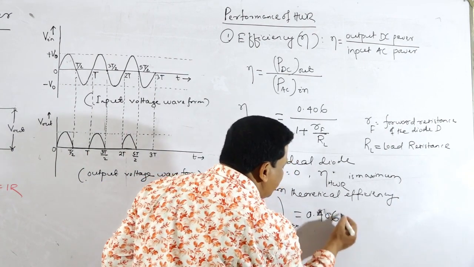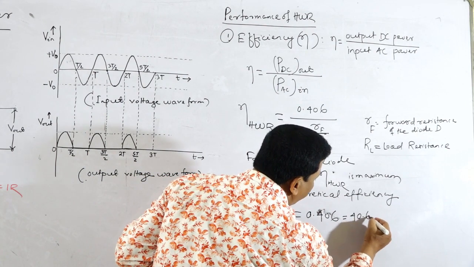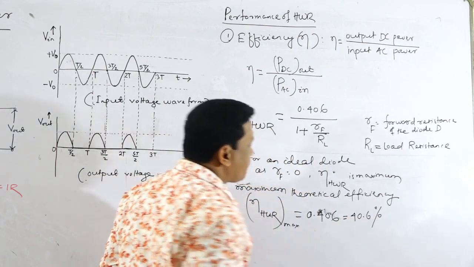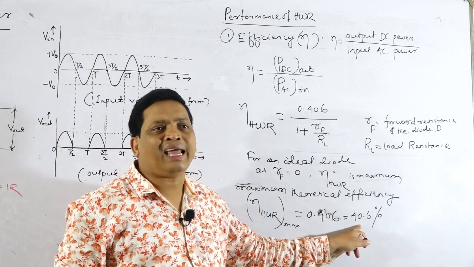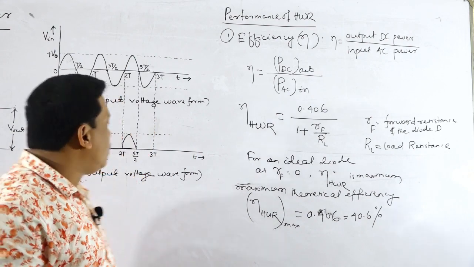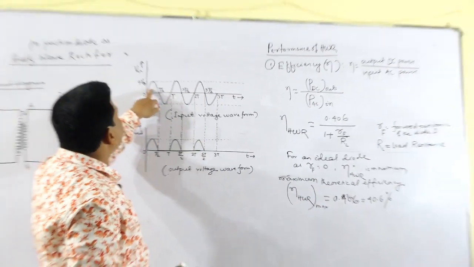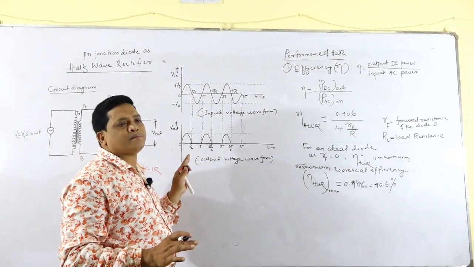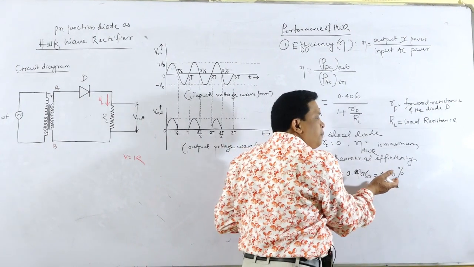And if you express this in percentage, that is equal to 40.6%. Now you look at this efficiency, which is less than 50%. No doubt this diode is rectifying the positive half cycles of input AC, but its efficiency is less than 50%.